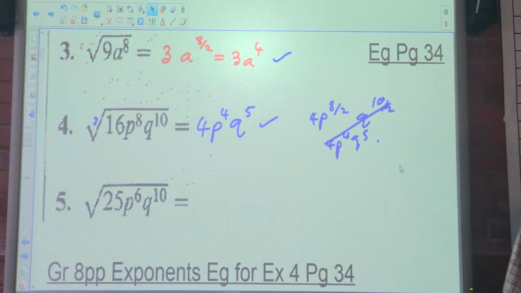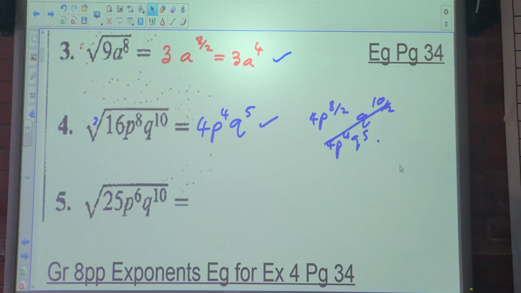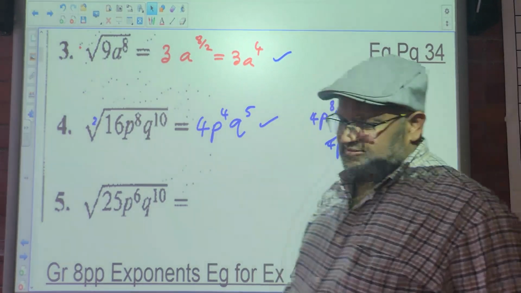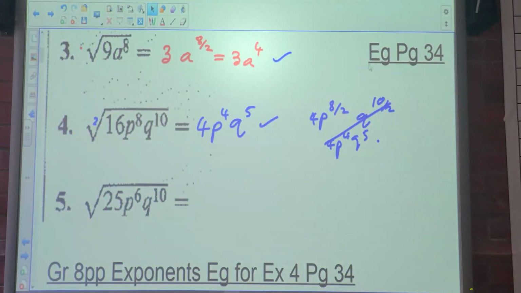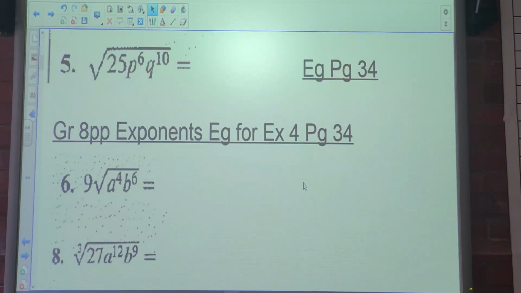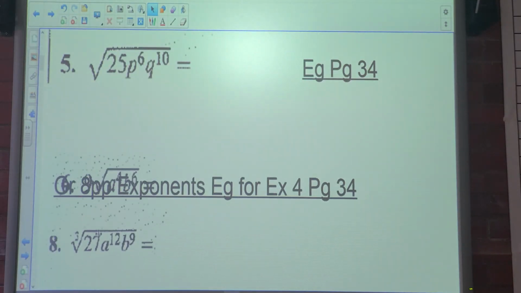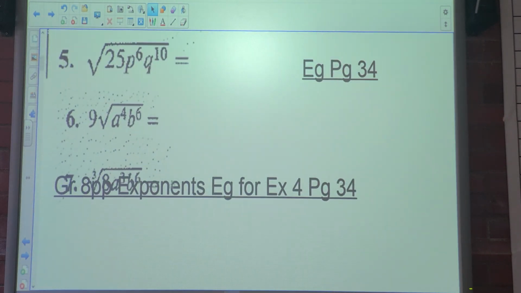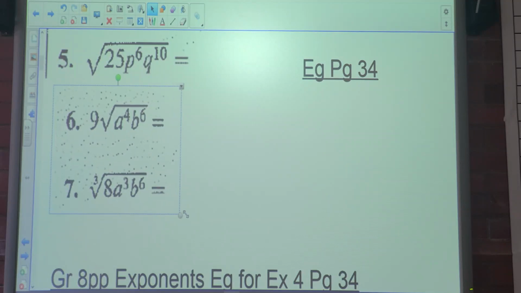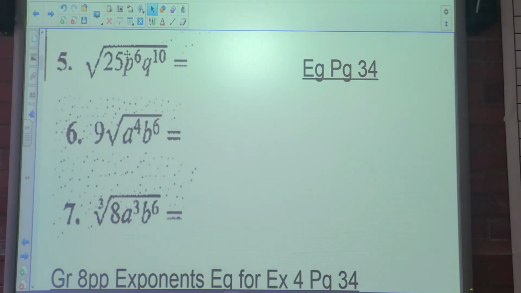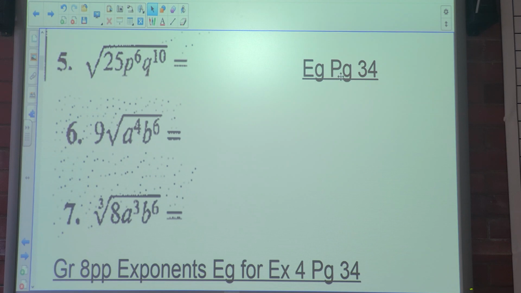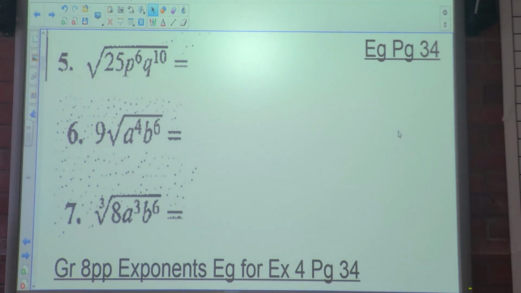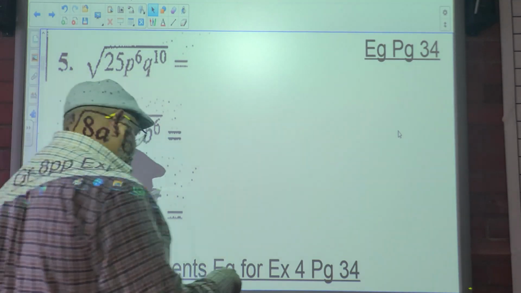People, the next one, number 5. You got 25 P6 Q10. Right, to go behind her.